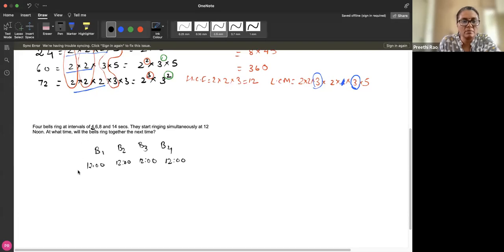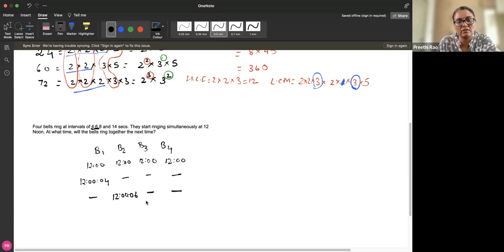After 4 seconds, bell 1 rings. So that is 12 o'clock and 4 seconds. Bell 1 is ringing. The rest of the bells don't ring. Now after 6 seconds, bell 2 is ringing. So at 12 noon and 6 seconds, bell 2 is ringing.